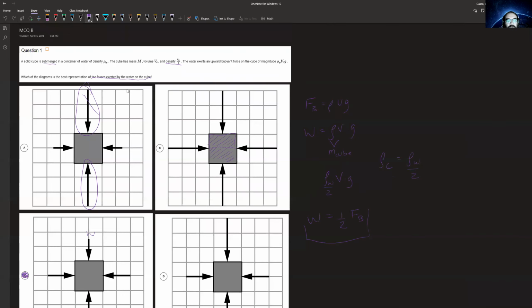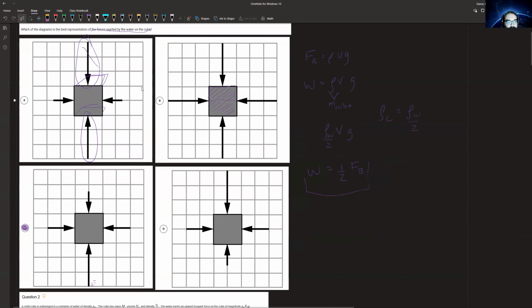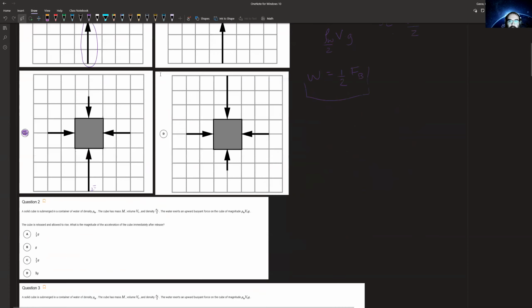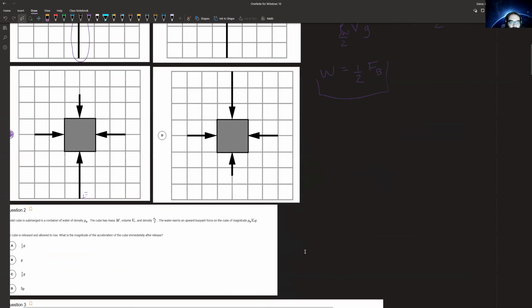Remember that as we go deeper, the pressure increases, so the pressure exerted on that area will increase on the bottom versus the top. So we should have less water force on the top than the bottom, and the difference between those is what gives us the net buoyant force. Let me know if that answered the question.